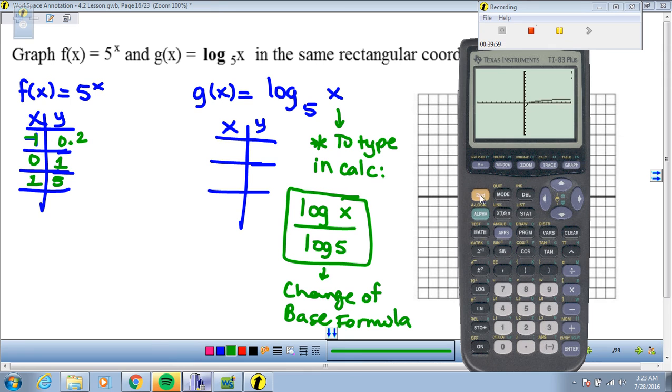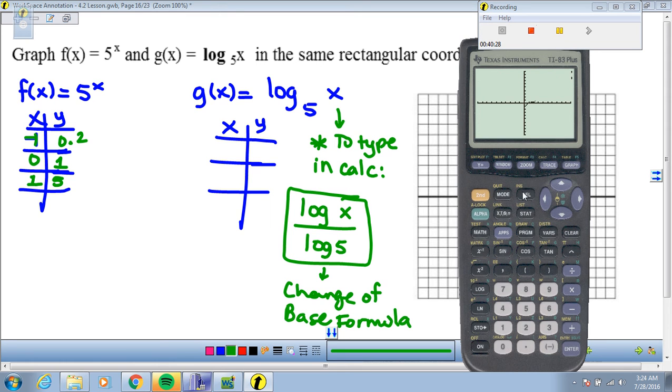Okay, so we see the graph. Let's look at the table. Yeah, so I was telling you how to enter it, right? Log of x divided by log of 5, just the way you see me entering it on the calculator, you're going to put it also, and you graph it.